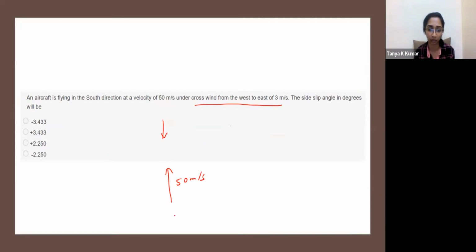So this is your south, north, east, and west. West to east is your crosswind, which is 3 meters per second. What would your resultant velocity be? This, right? So this is your beta. And since your resultant velocity with respect to your forward velocity, with respect to the fuselage reference line, is on the right, your beta would be positive.